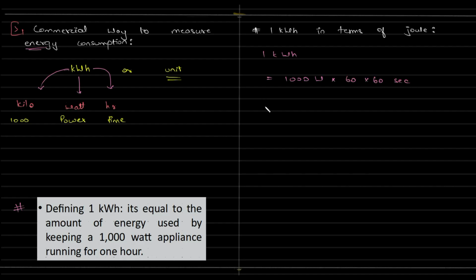So we have 1000 into 60 into 60, which is 3.6 into 10 to the power of 6 joules.